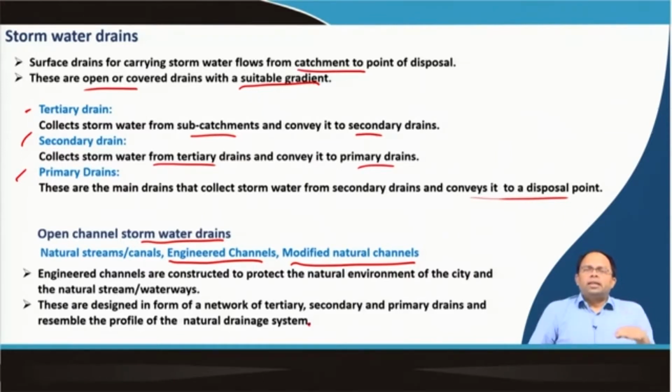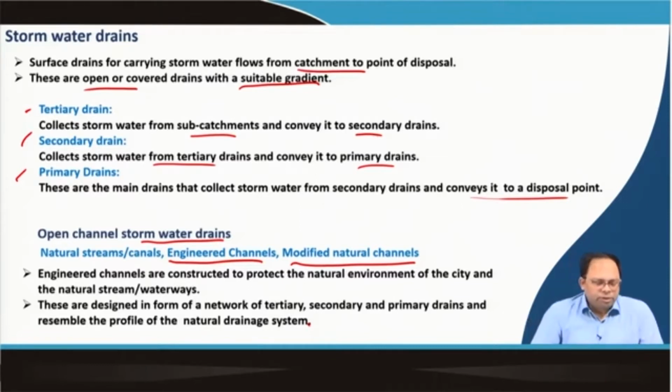So that means we usually follow, as we have learned using digital elevation models and so on, we can determine the points where the water flows from different directions, and based on those points we can determine that these are the streams that are formed. These streams can be identified in a particular area based on the contours and the digital elevation model.